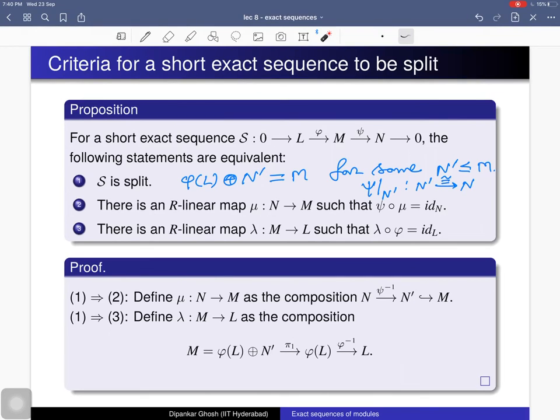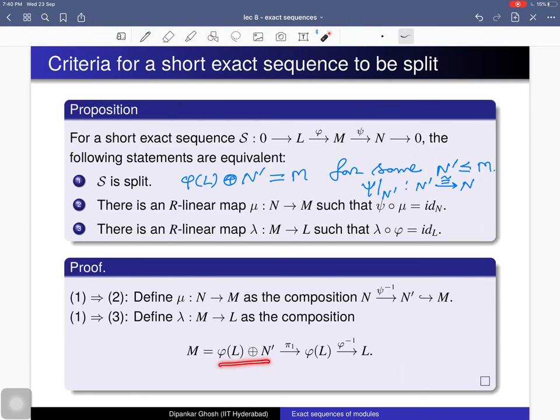Similarly, one can prove 1 implies 3. 1 is saying that your module M is just the internal direct sum of these two. Now, we want to construct a map from M to L. From M to phi of L, you can have a natural projection map, namely the projection on the first component.